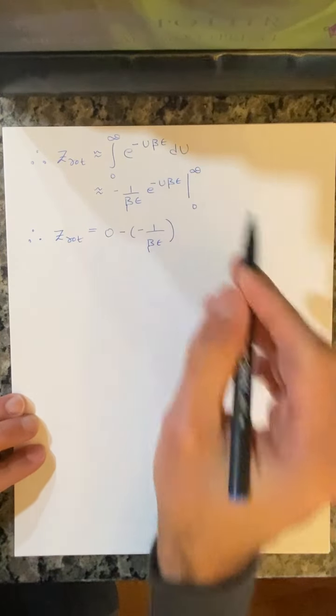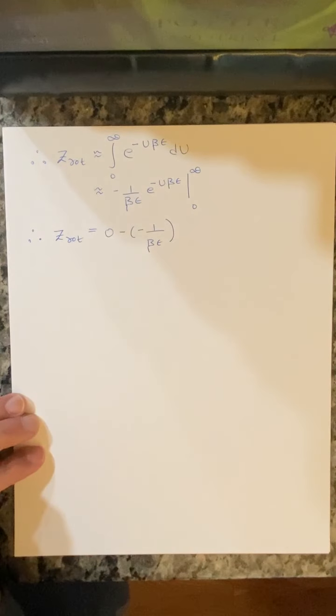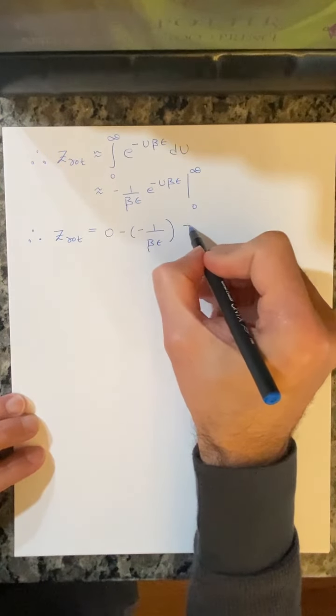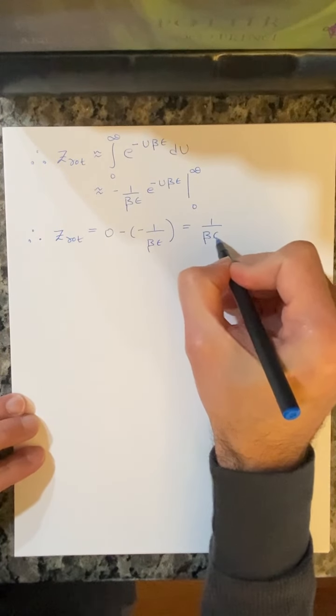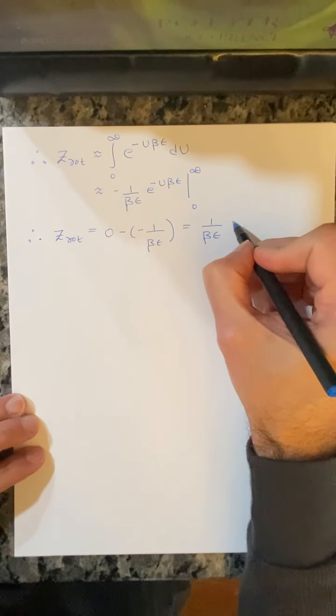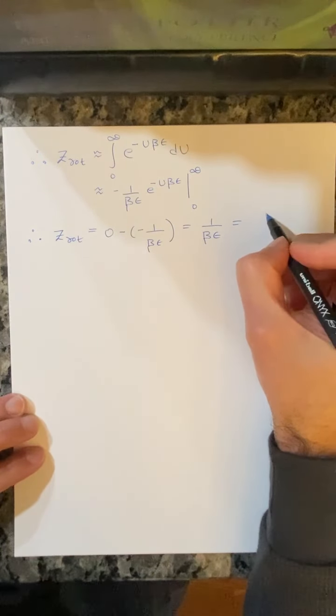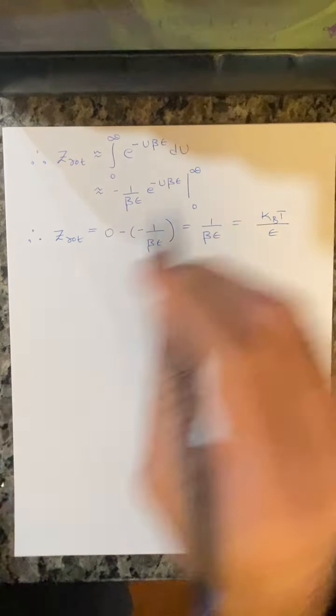Everything from here is going to go out. At 0, e raised to 0 is going to convert to 1, and you got minus 1 upon beta e. And when you do the math here, just one more step, what you get is 1 over beta e. If I put back the value for beta, we end up getting kBT over e.